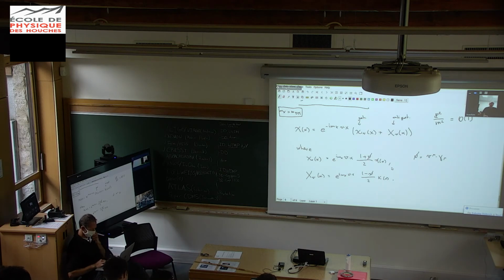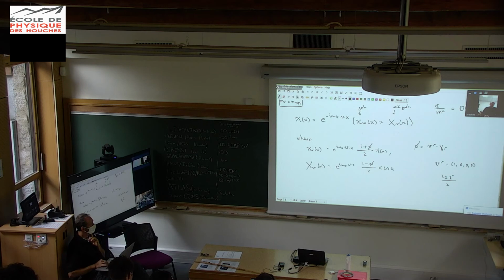Okay, in the lab frame where v mu equals 1, 0, 0, 0, these projectors are just 1 plus or minus gamma 0, over 2. If you're not in the lab frame, then it's the general expression.